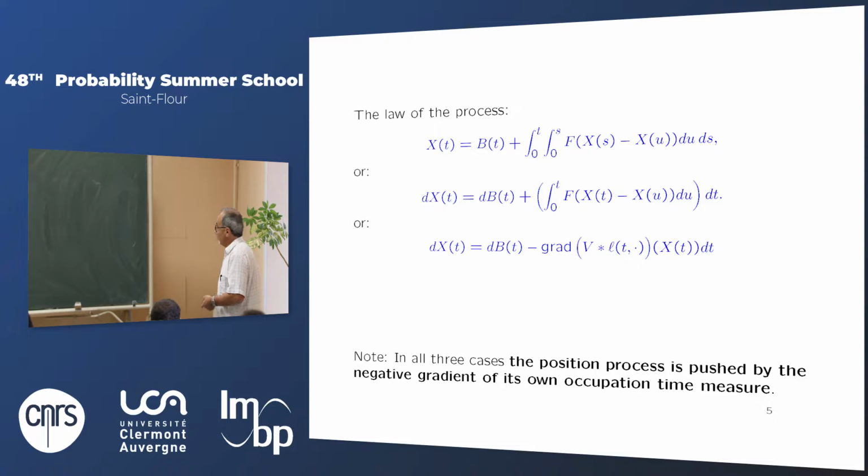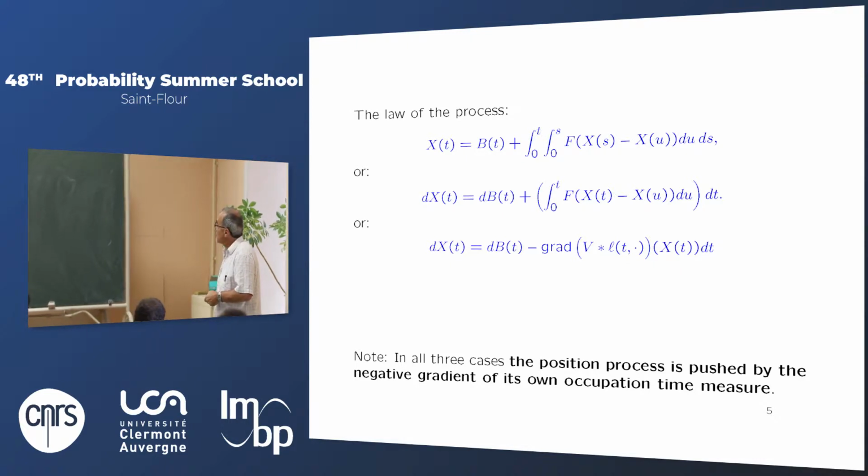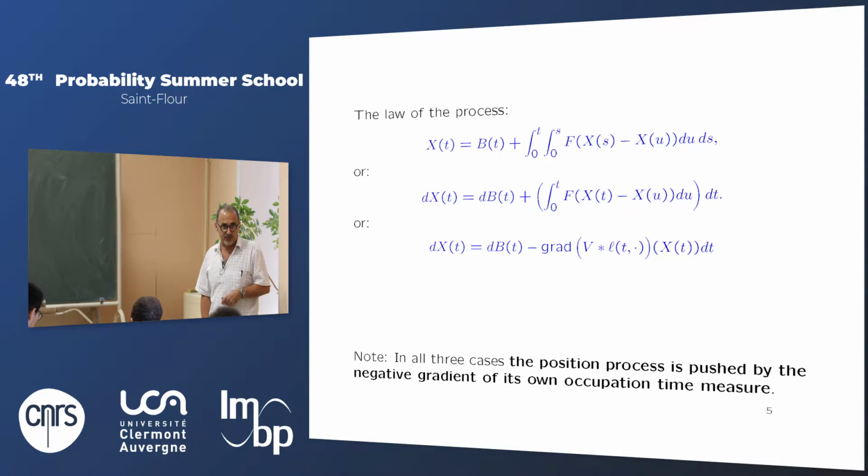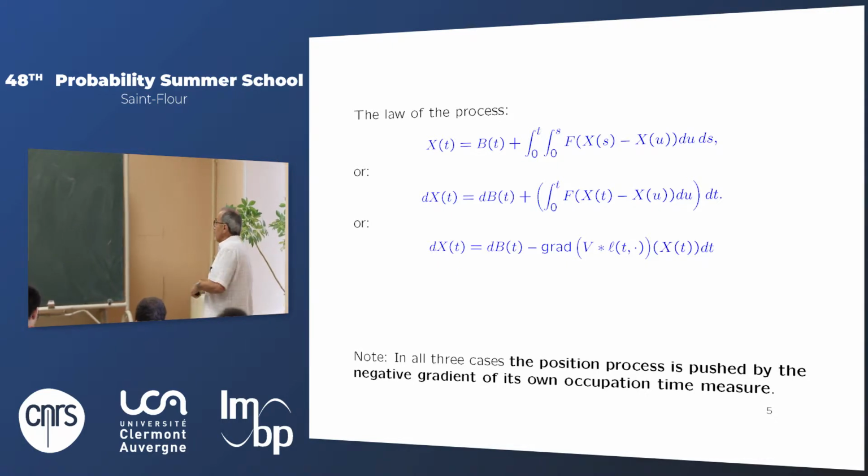Take the gradient of this function. This is like the density; the local time doesn't have a density. It's a very singular measure. But if you smooth it out, then this object you see here is an approximate density of the occupation time measure, right? Take the negative gradient at the position where the random walker is, and that's the drift.